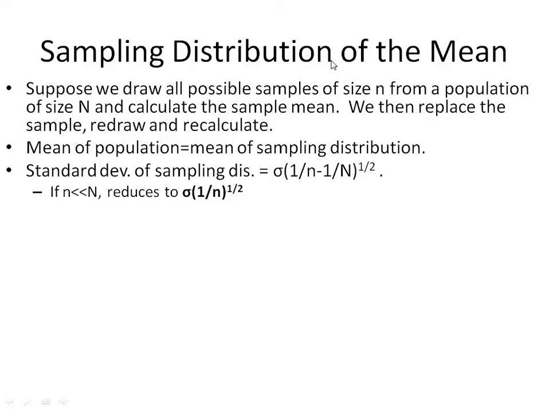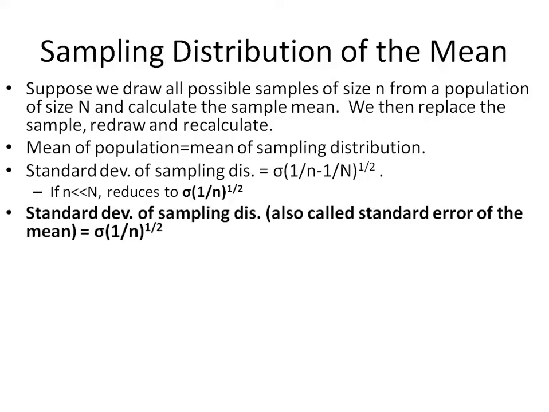So this is now the standard deviation of the sampling distribution. It's sigma over the square root of n.